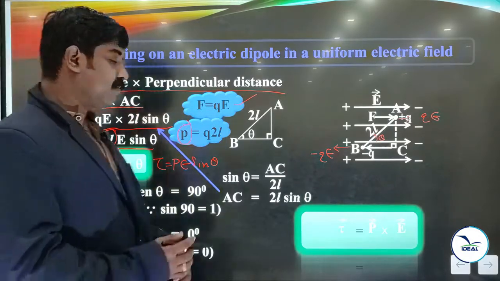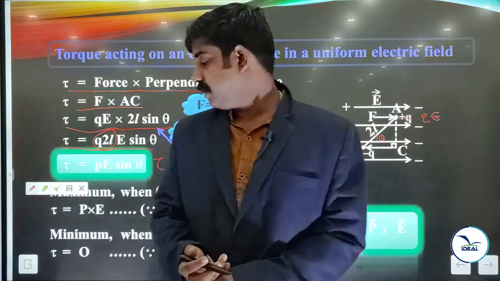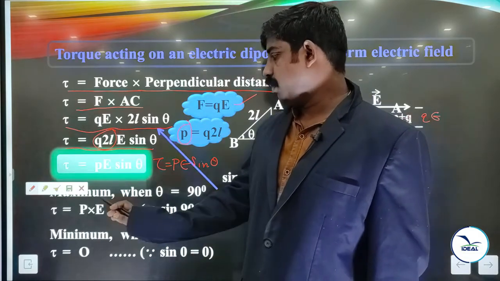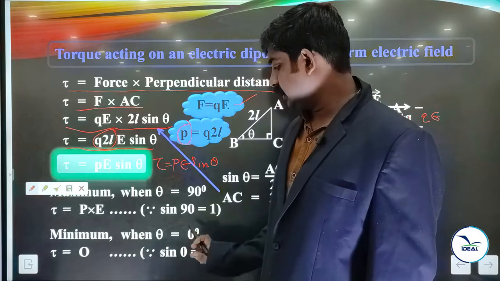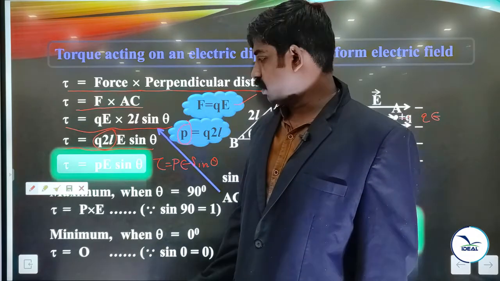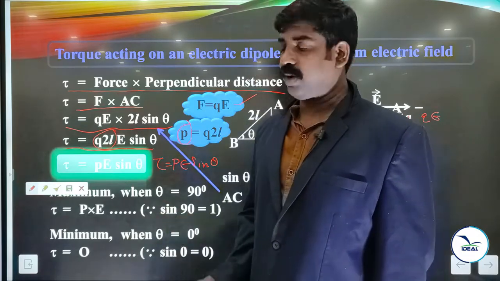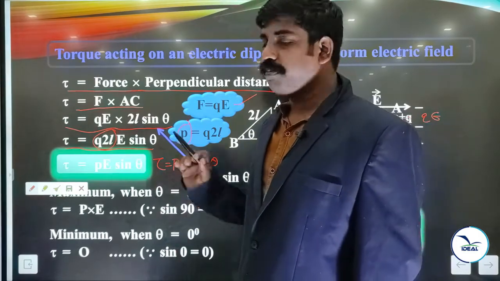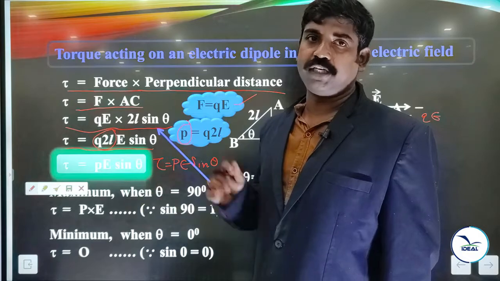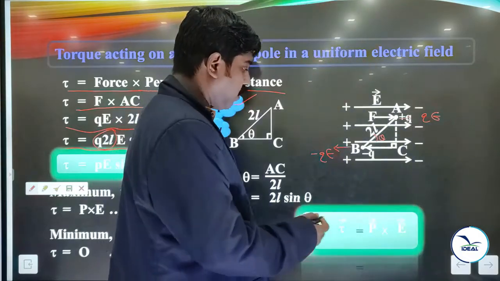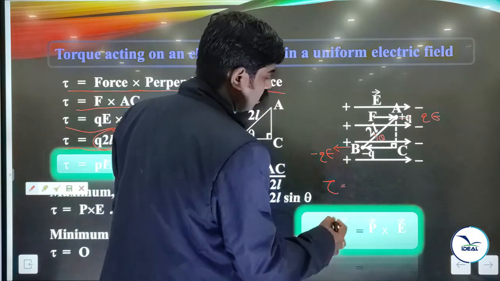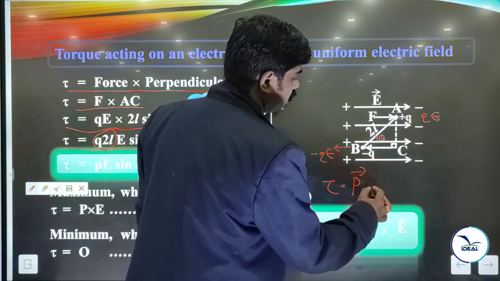This torque becomes maximum when theta is equal to 90 degrees and minimum when theta is equal to 0, because sin 0 is 0 and sin 90 is 1. In vector form, torque tau is equal to P cross E.